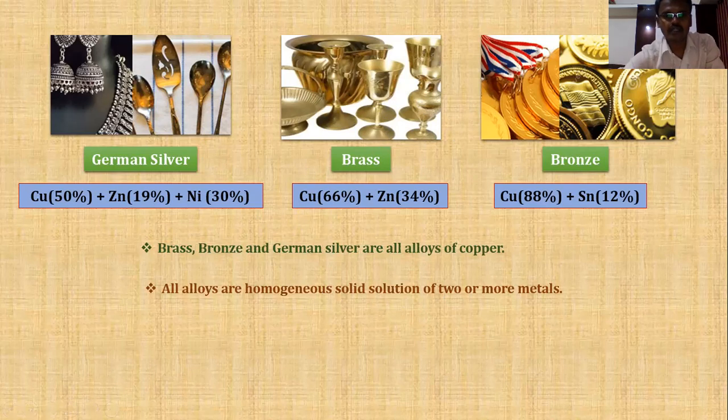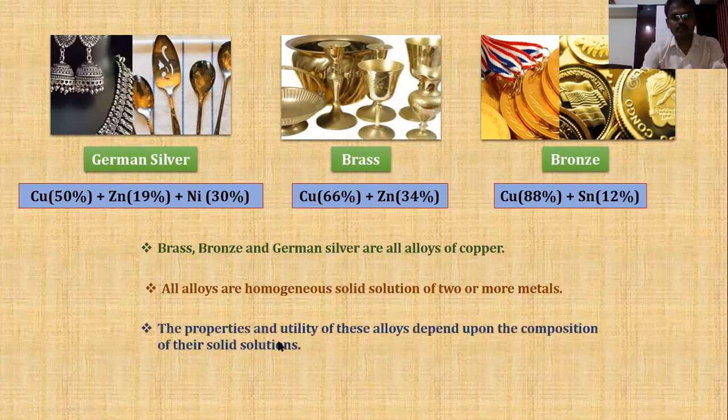Right? Then, not only that, the properties and utility of alloys depend on the composition of their solid solutions. That means when you take the solid solution of two or more metals, what is the percentage of those metals present in the solution? So we need to know about the composition of these solutions in order to utilize these alloys in a better way.